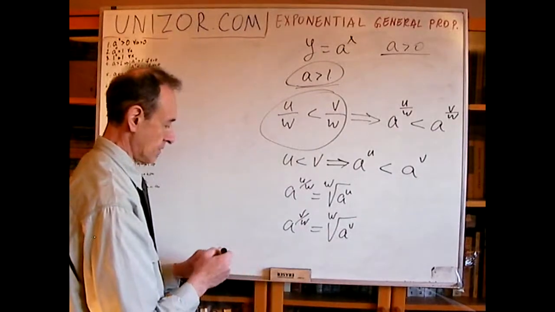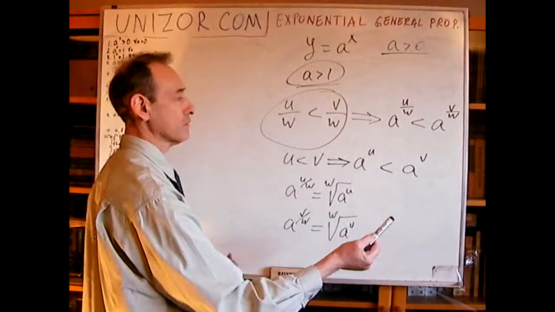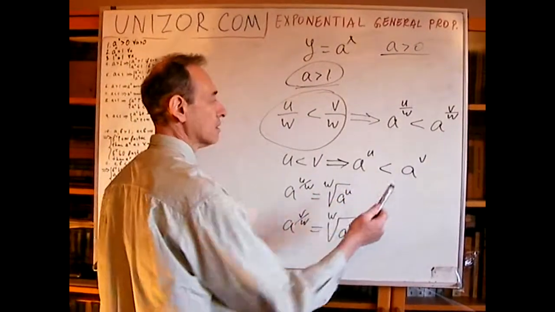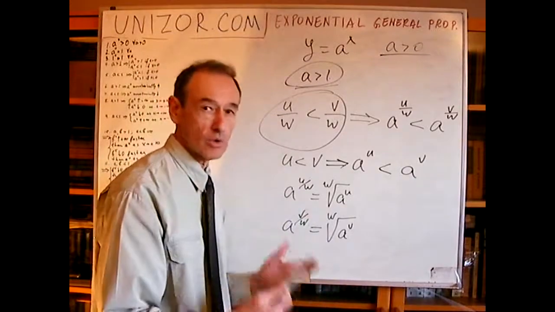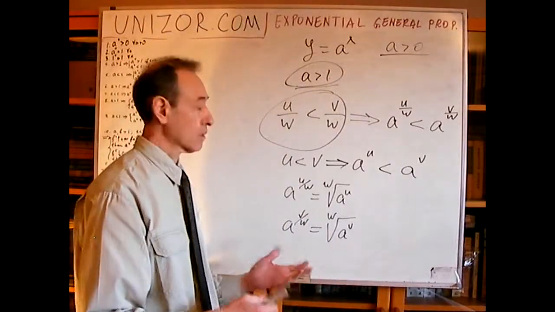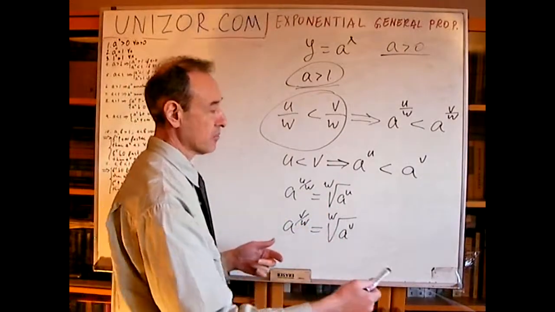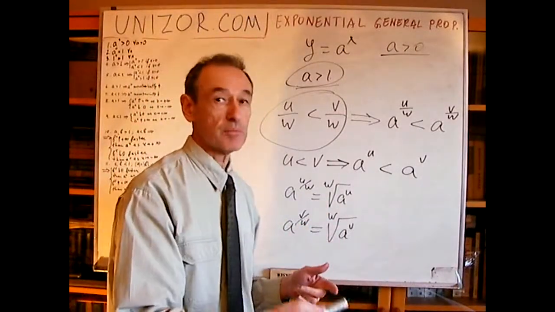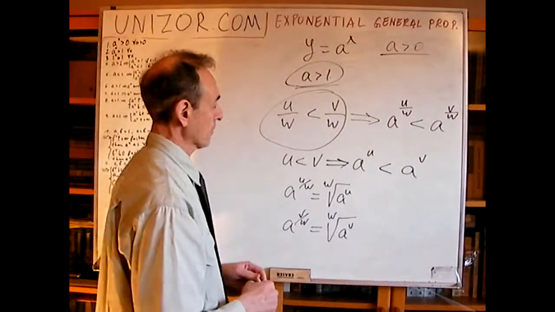Now, if a to the power of u and a to the power of v are of this particular relation, then their w's roots also should be in exactly the same relation, because if it's otherwise, then by multiplying the greater number the same w number of times, I will get a greater number.